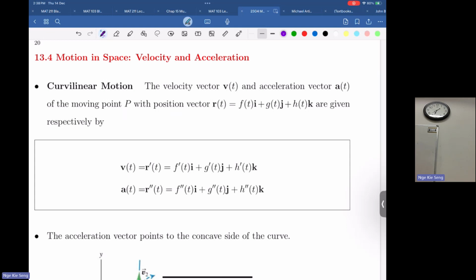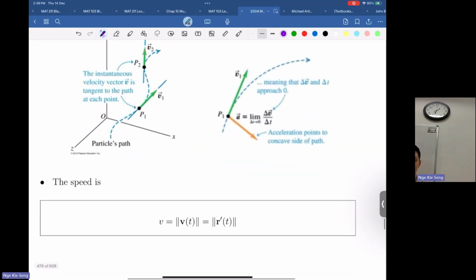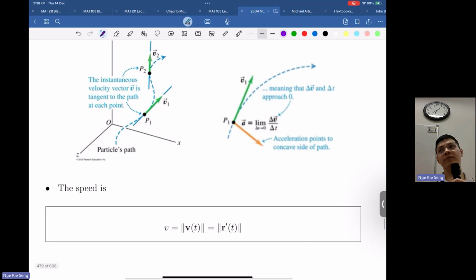One is a scalar, one is a vector. Vector has direction, speed doesn't know about the direction. So how to get speed from velocity? You need to take the absolute value, or take the norm.